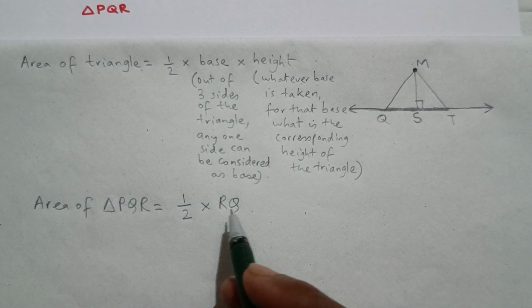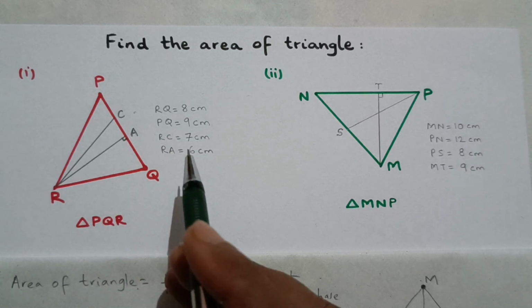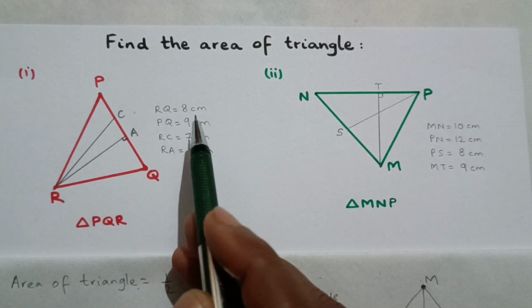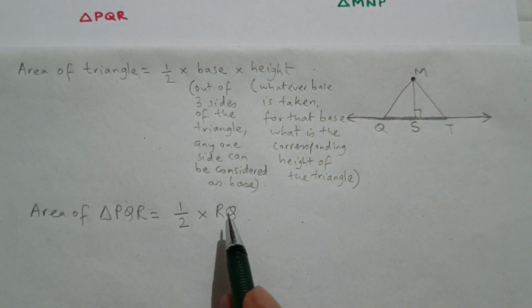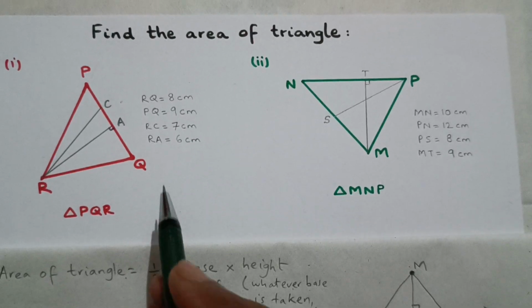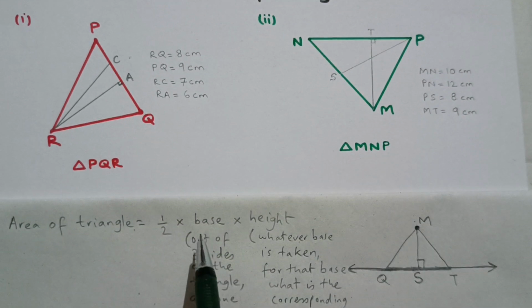Now let me see, can I take RQ as the base? Is the measure of RQ given to us? Yes, RQ is 8 centimeter. So there is no problem if I take RQ as the base, because the value of RQ is given to us. RQ is 8 centimeter. So I can take RQ as the base.